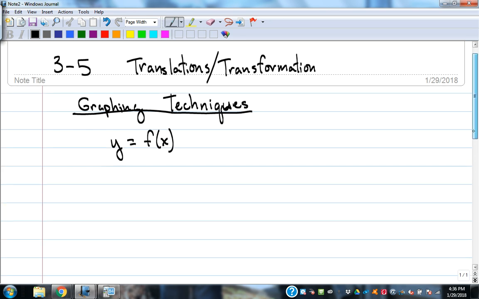All right, so there's a thing called a shift. And there are vertical shifts and there are horizontal shifts. If it's a vertical shift, then the function is going to get something added to it. We're going to call it k. Okay, k is just a number. We're adding something to it.